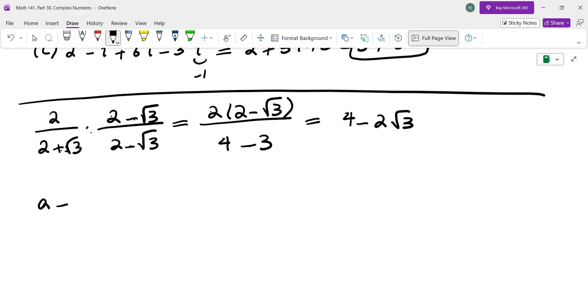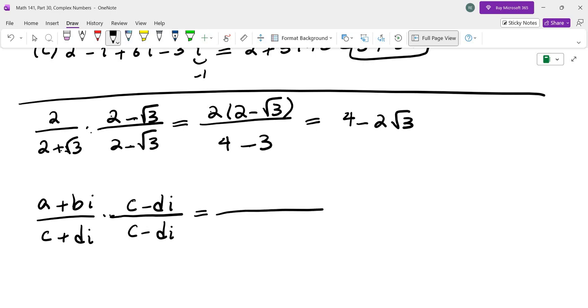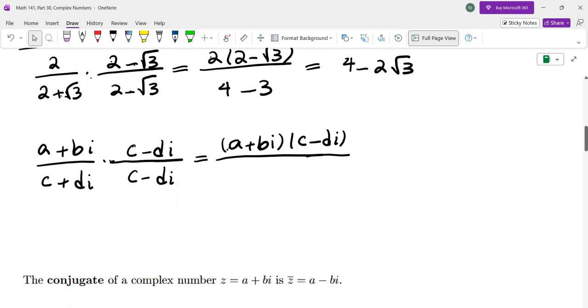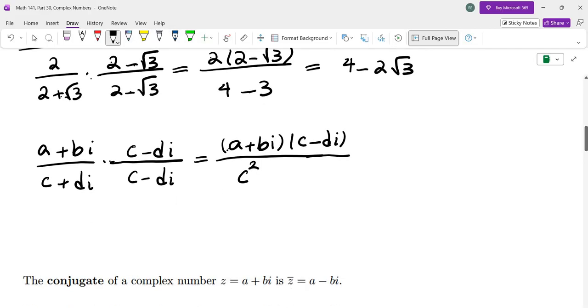So if you want to divide a plus bi by c plus di, we multiply by the conjugate of the denominator, c minus di over c minus di. Now the numerator is a simple multiplication. We could do that by the distributive property, and in the denominator we could use difference of squares. So it's c squared minus (di) squared.